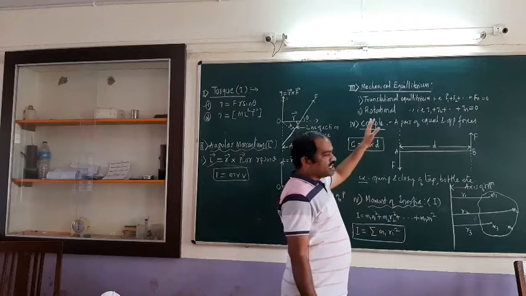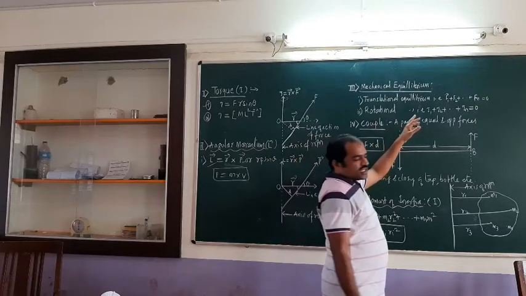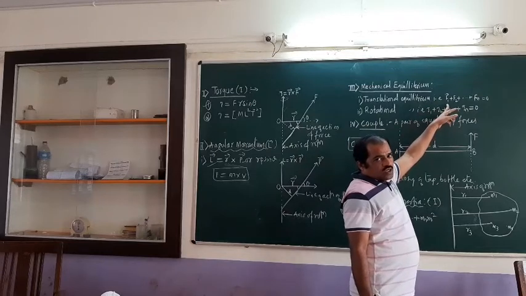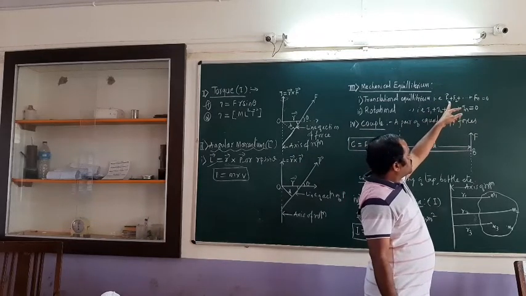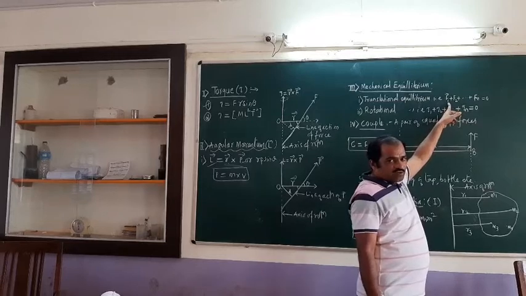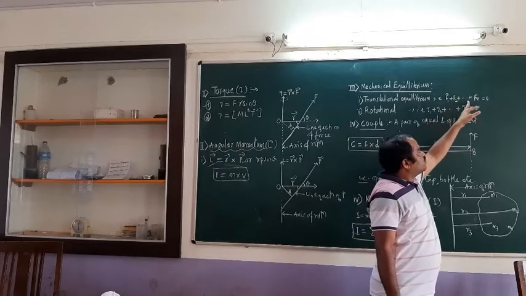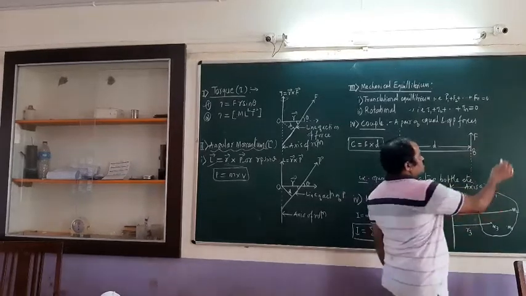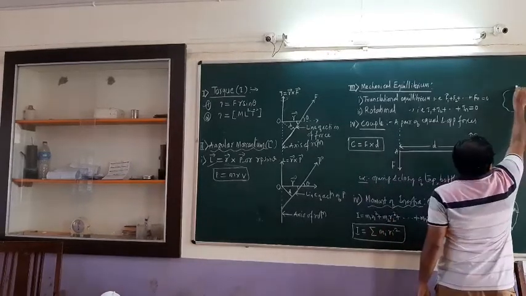What is translational equilibrium? The net force acting on the body is equal to 0. That is, the sum of all the forces acting on the rigid body, F1 plus F2 plus so on, Fn, must be equal to 0. Suppose this is the rigid body.